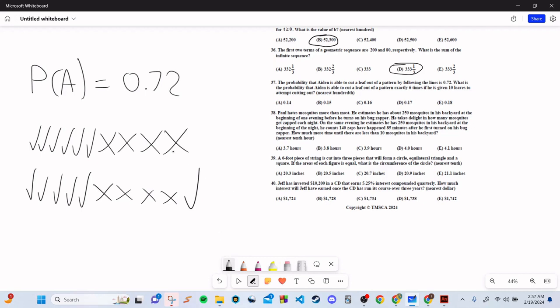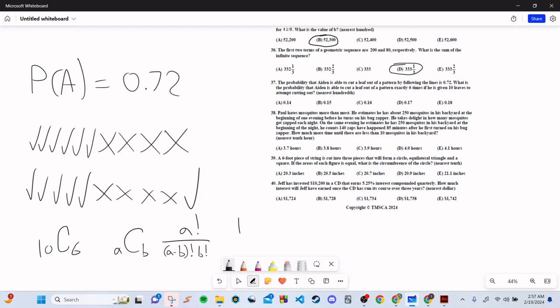So the number of different possibilities here is going to be 10 choose 6. You can usually type this on your calculator. The formula, in case you can't find it on your calculator, of A choose B is A factorial over A minus B factorial times B factorial.